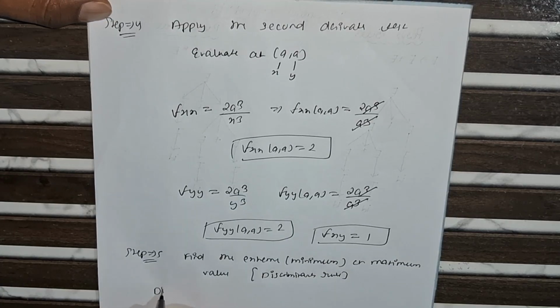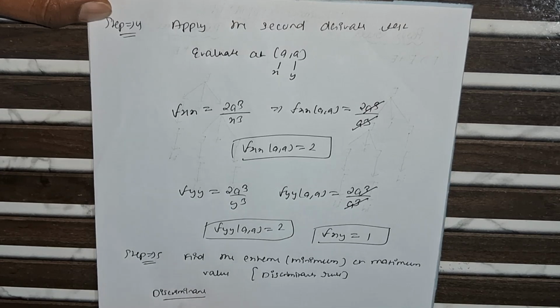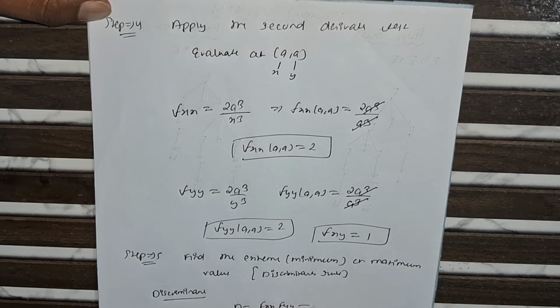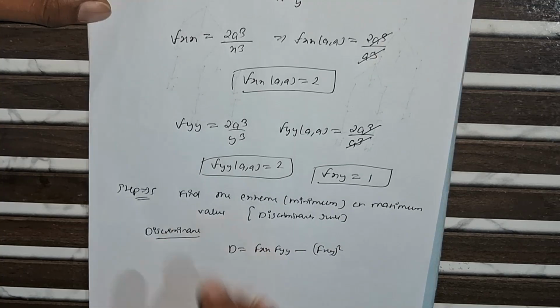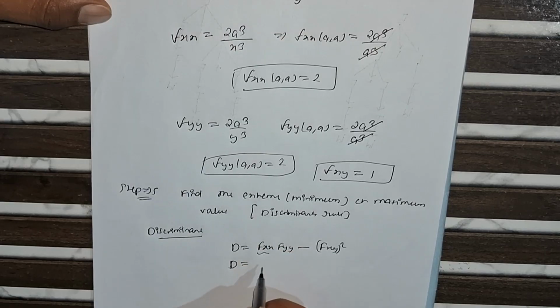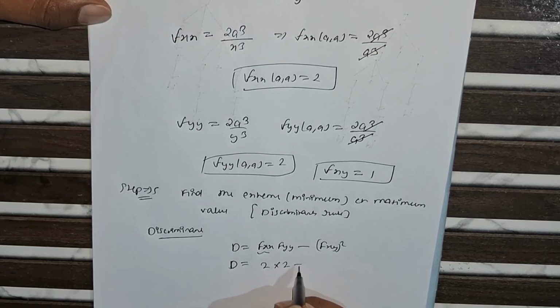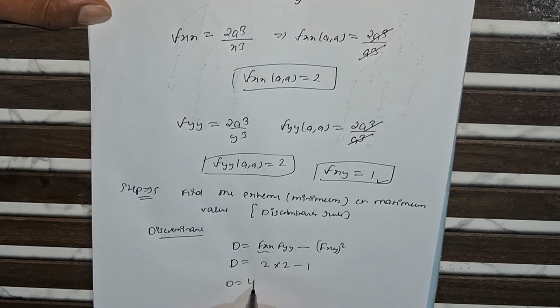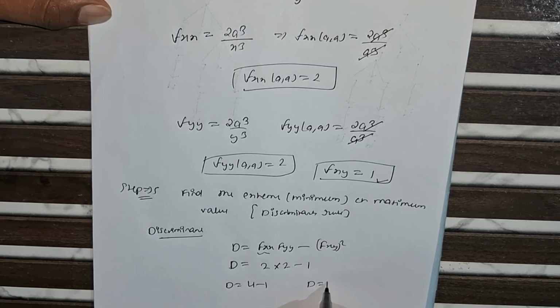So discriminant means D equals to, this is the formula, f double derivative with respect to x and double derivative with respect to y minus f_xy the whole square. So what is the derivative of x, which is 2, and y is also 2, minus, and f_xy is 1. So D equals to 4 minus 1, which is D equals to 3.